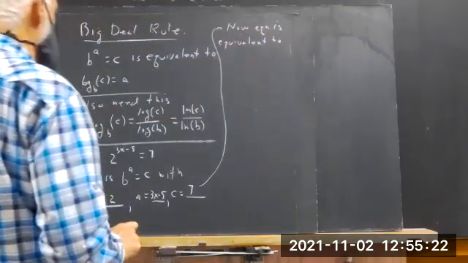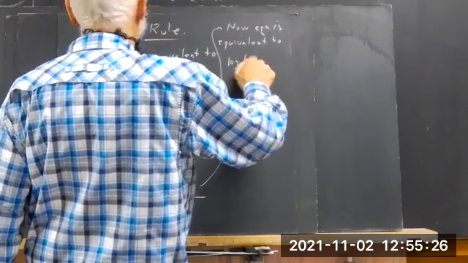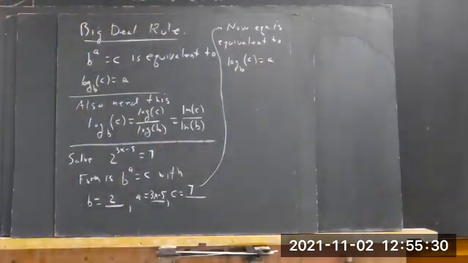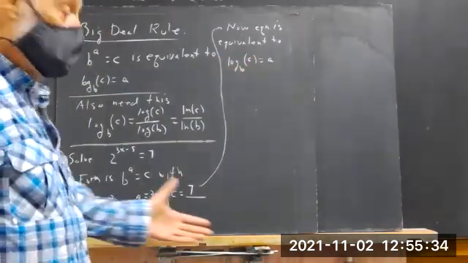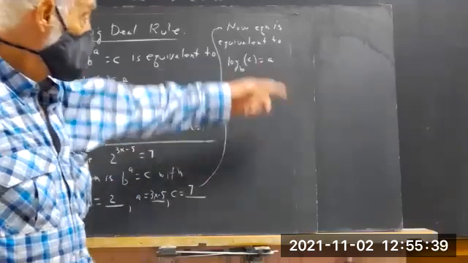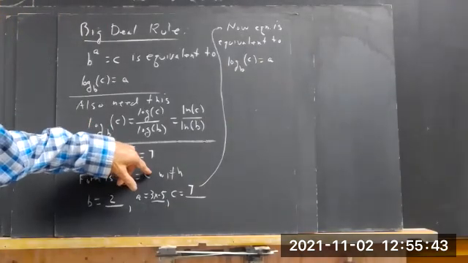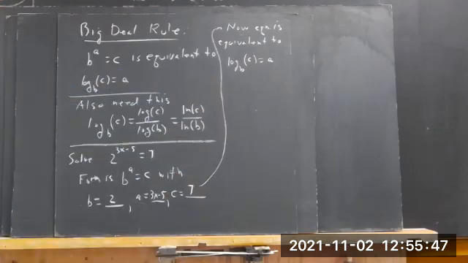The equation is equivalent to log base b of c equals a. And all I got to do now is write this out, substituting for a, b, and c. Just take that expression, substitute your values of a, b, and c that you've identified from this equation, and you have an equation you're going to be able to solve.